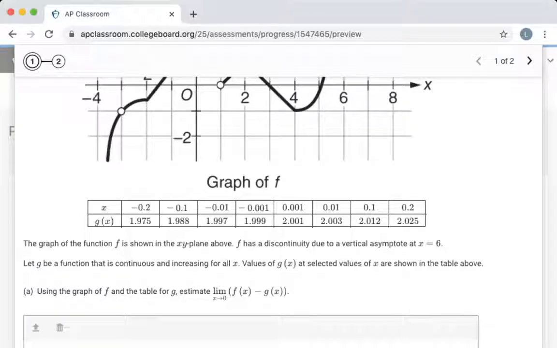It's at negative 0.001 and 0.001. So to find a difference quotient, we want to find the average rate of change. So we take g of 0.001 minus g of negative 0.001 divided by 0.001 minus negative 0.001.